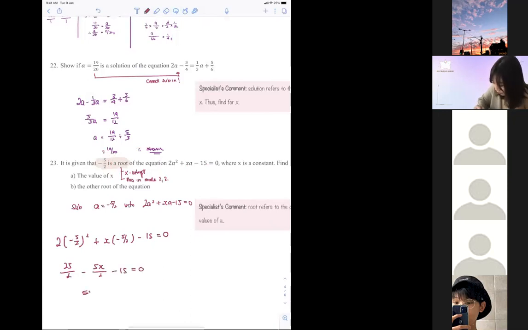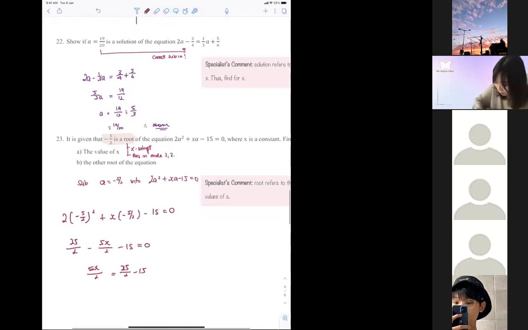then x one side, no x one side. So we have 5 over 2 x equals to minus 5 over 2, times bring over, divide, x is equals to minus 1.